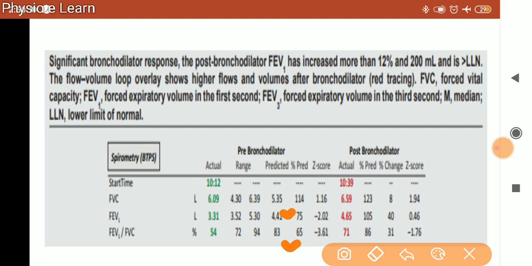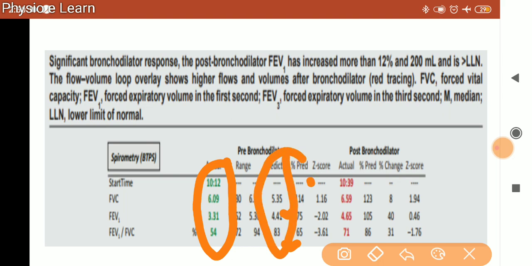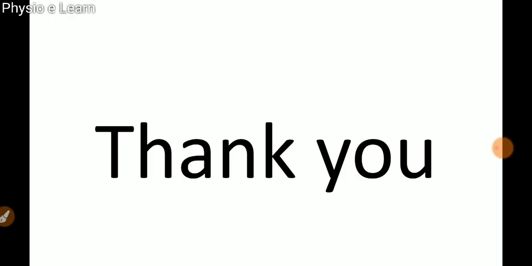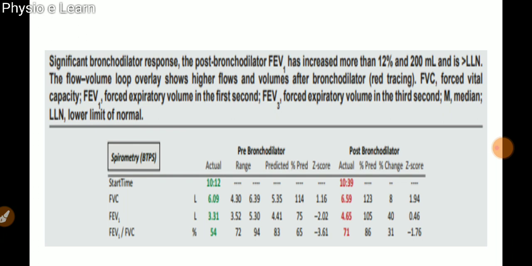So typical obstructive pattern. This is the performed values, this is the predicted values, and these are the percent predicted. After performing the spirometry, they will give a short acting bronchodilator, and after that they will perform spirometry again.